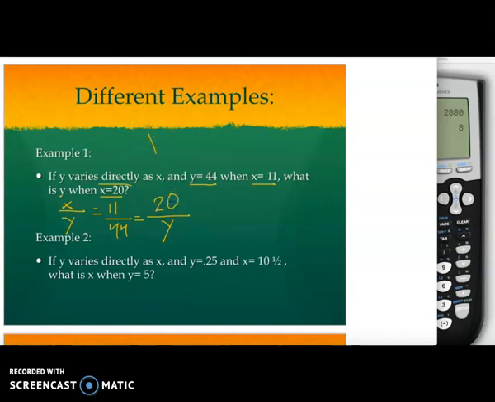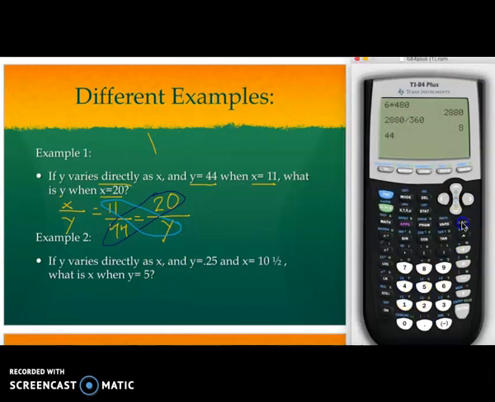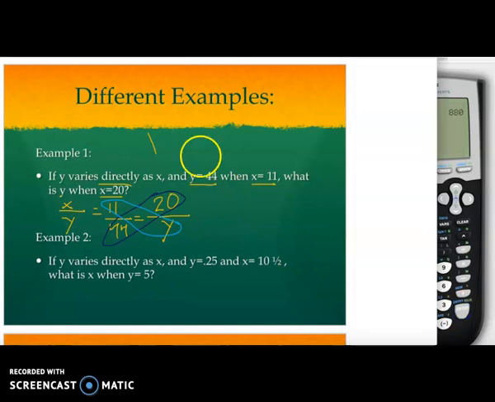We're going to do the same thing. Cross multiply. 44 times 20, let's see what that is. 44 times 20 is 880. And that equals 11 times y, which is 11y. So 880 equals 11y.